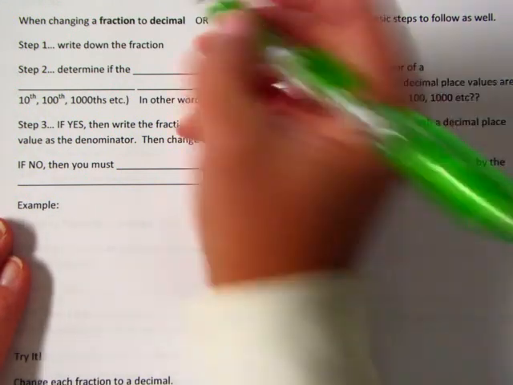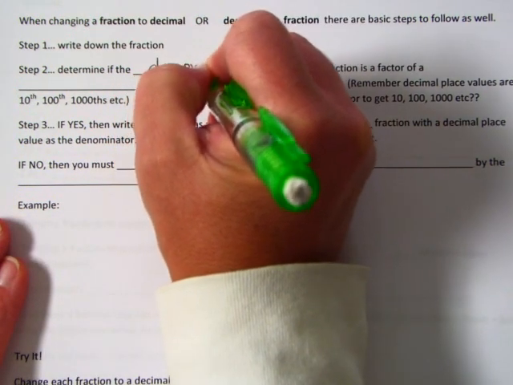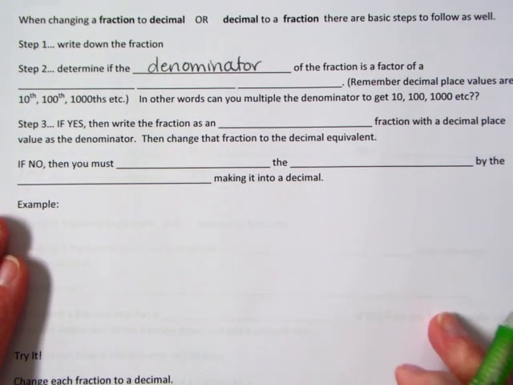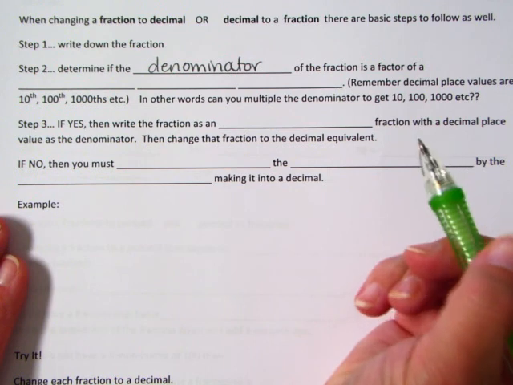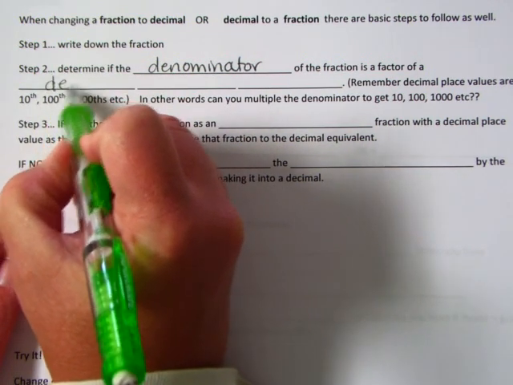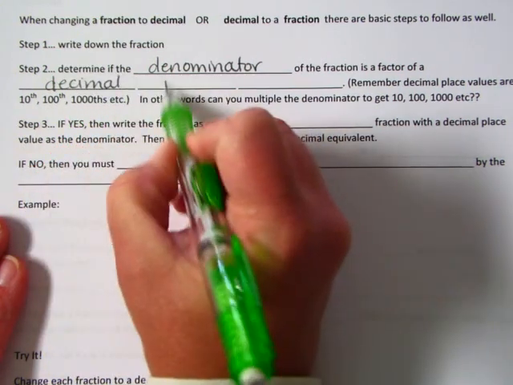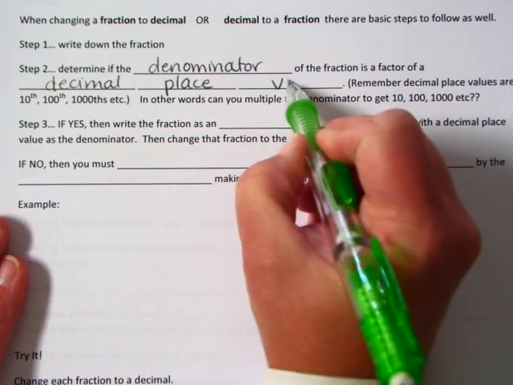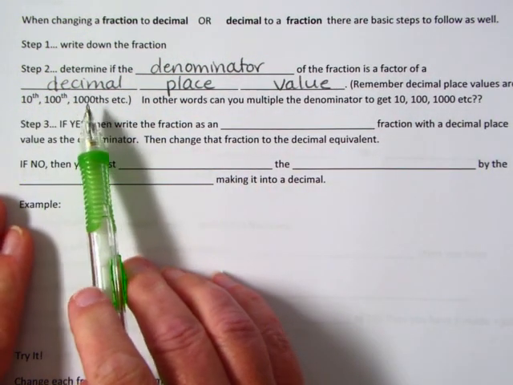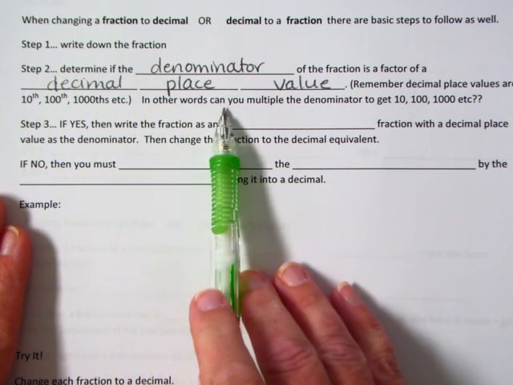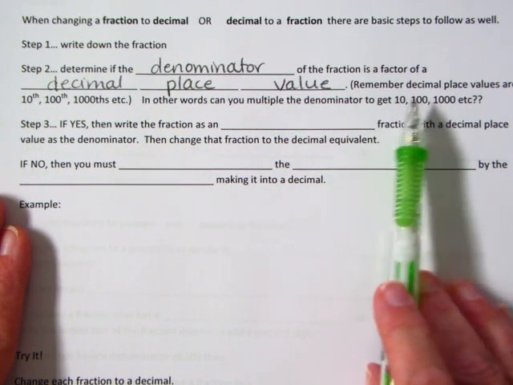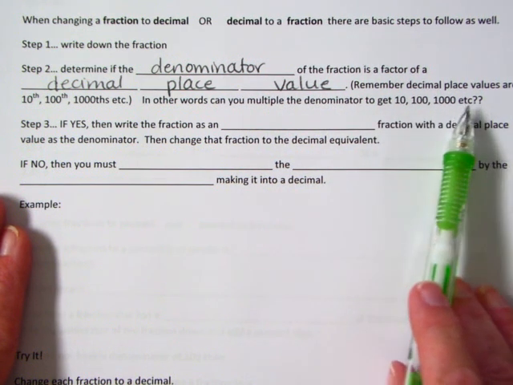We determine if the denominator of the fraction has a factor, is the denominator a factor of a decimal place value. Remember that decimal place values are tenths, hundredths, thousandths, etc. In other words, can you multiply the denominator to get 10, 100, 1,000, etc.?